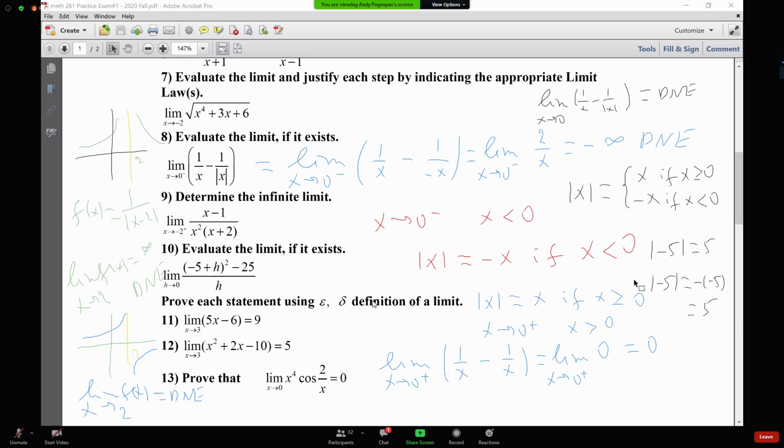They are not equal. But in the first example, we can put infinity. So basically, they have to go in the same direction in order to determine if it's infinity or negative infinity. But it still does not exist because infinity does not exist. If they go in different directions, you don't put anything because you cannot put either one.